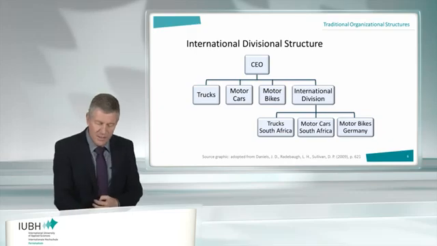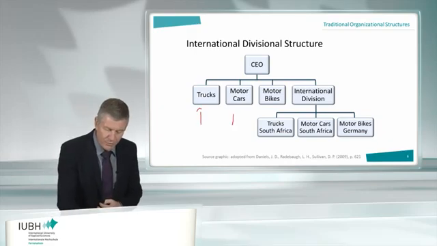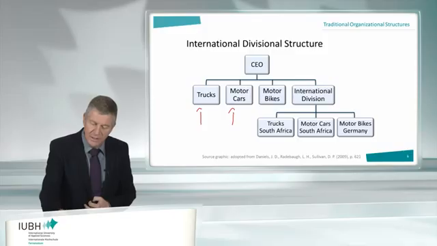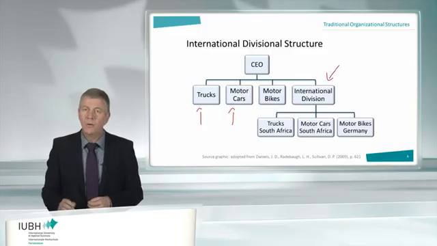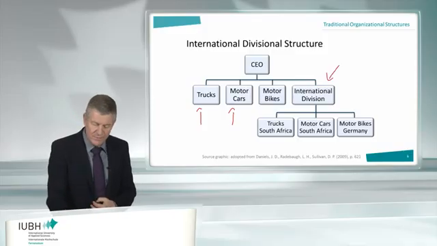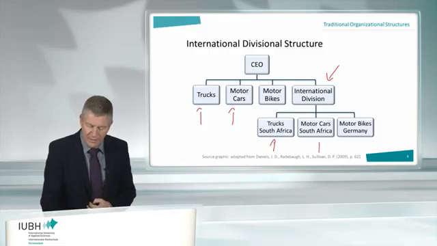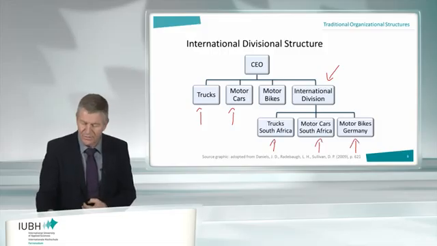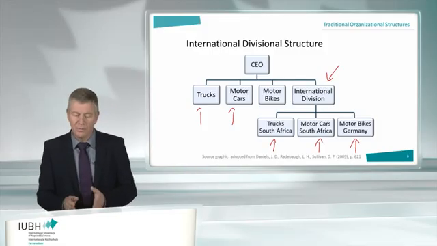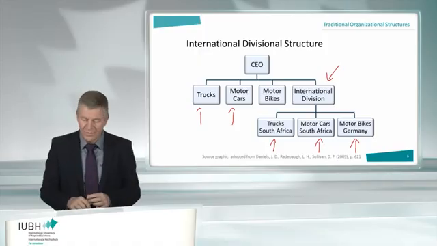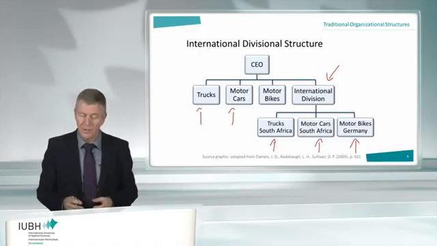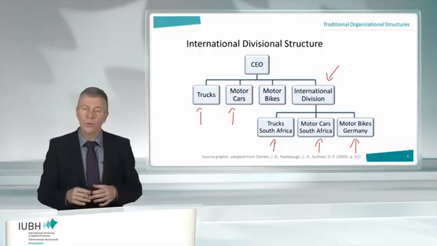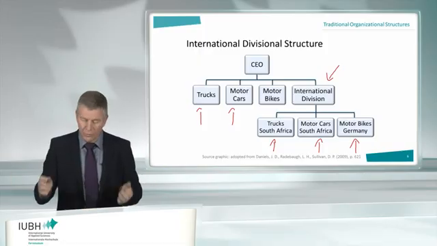You can see that beside the departments for certain products, we then have an international division that then would be active in certain products and also in certain countries. Again, we would have the problem, how can we expand this structural setup if we have widespread operations all over the globe?